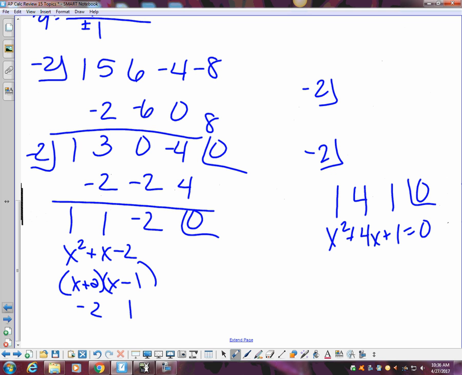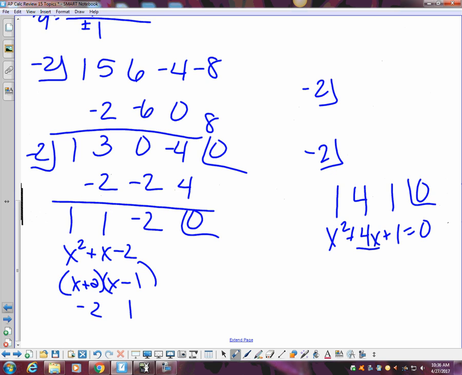Could you complete the square? Is this a lovely complete the square? And how do you know? It doesn't have a number in the front. And this number right here is nicely halfable.